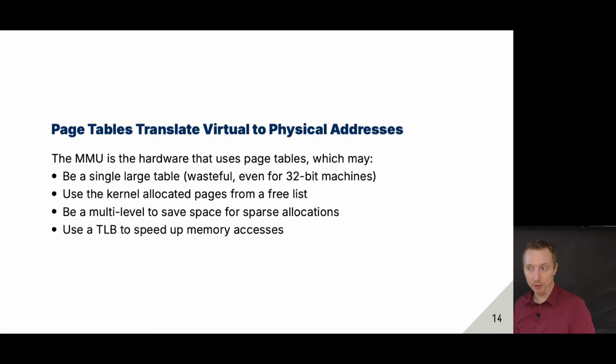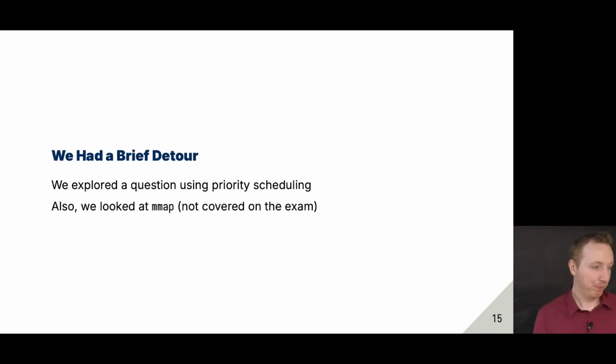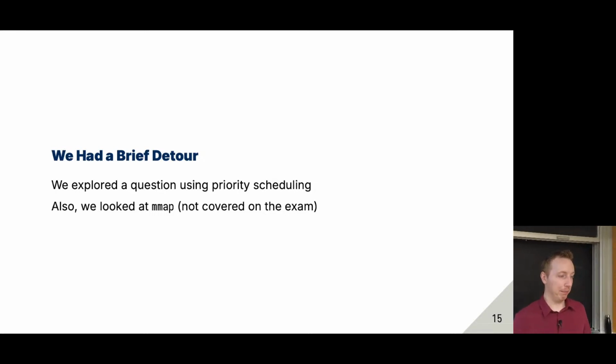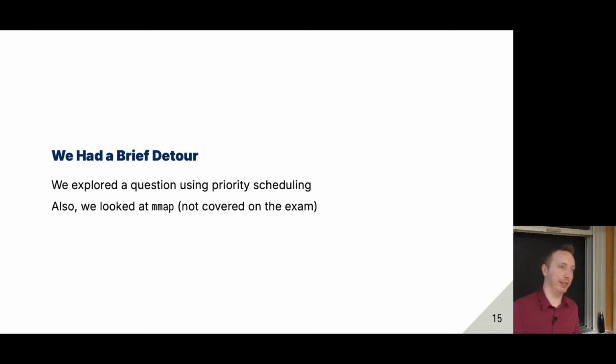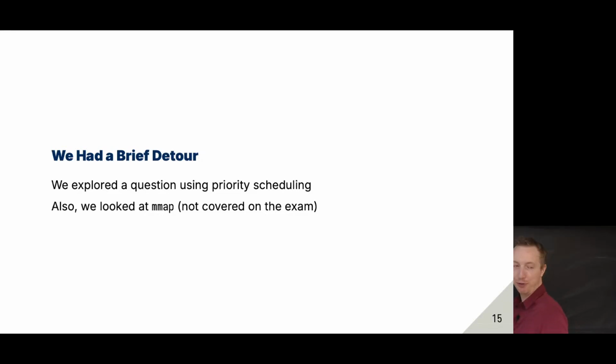Otherwise, if you just use physical RAM, accessing memory is fast. It's called random access memory for a reason. So then we had a brief detour because I thought you needed a break from that hardship. So then we explored some questions.